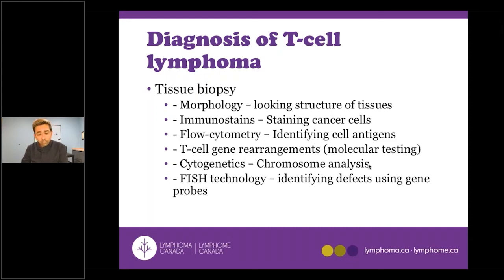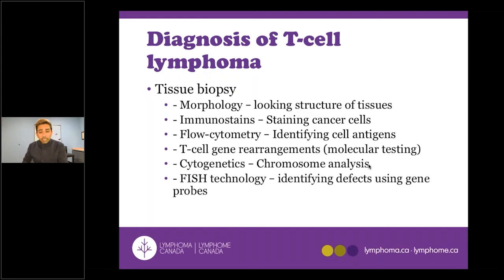We may use other sophisticated molecular technologies like T cell gene rearrangements, and sometimes we also use chromosome analysis, what we call cytogenetics, as well as other advanced technology such as FISH, or fluorescent in situ hybridization.